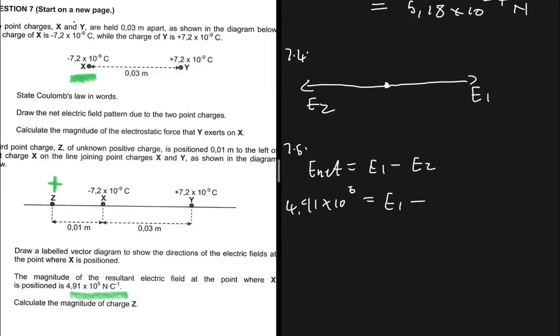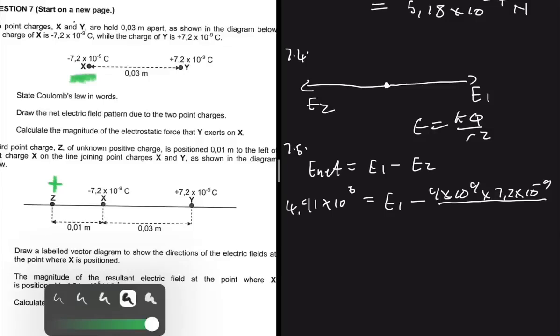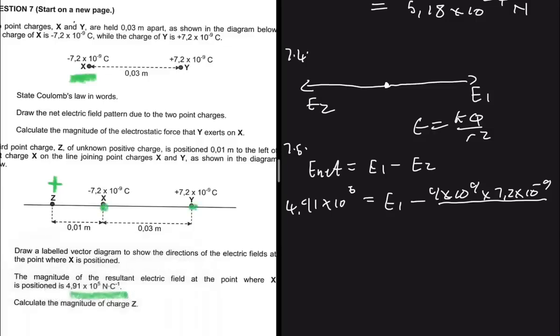So we're going to have K. Let's not forget that E equals K Q divided by R squared, right? So we're going to have 9 times 10 to the power 9 multiplied by 7.2 times 10 to the minus 9 divided by the distance, right? From here to here is 0.03 squared.